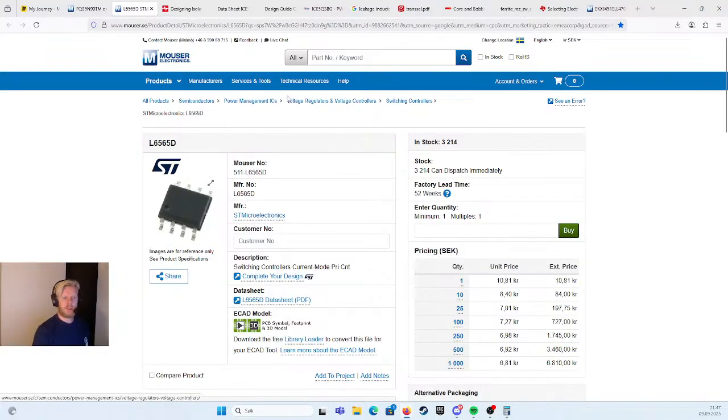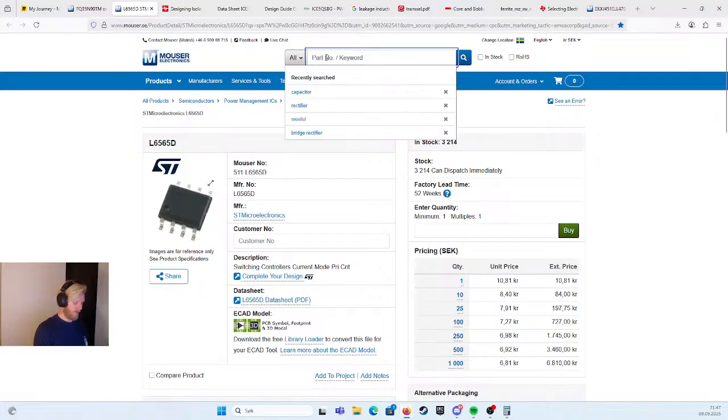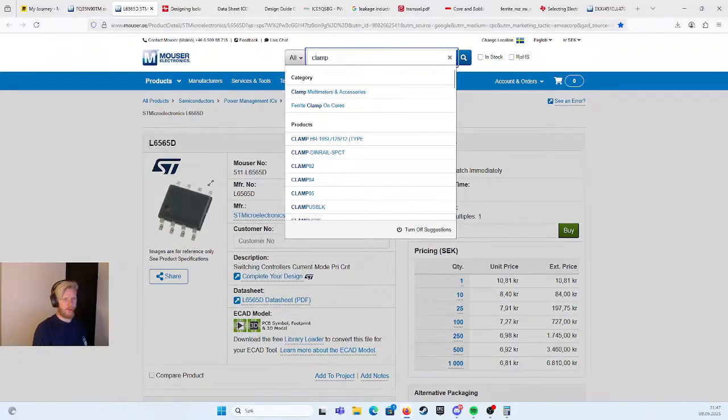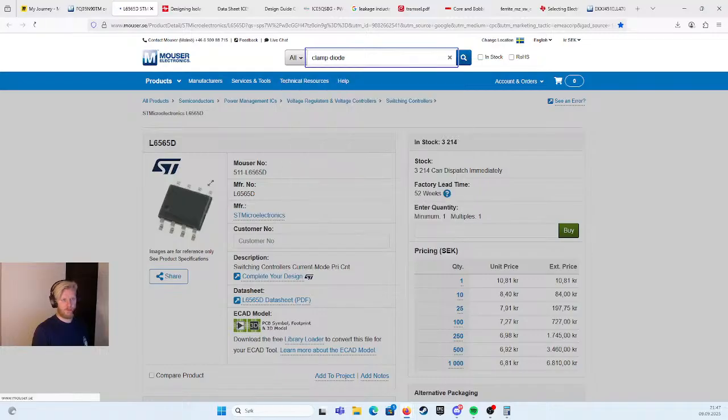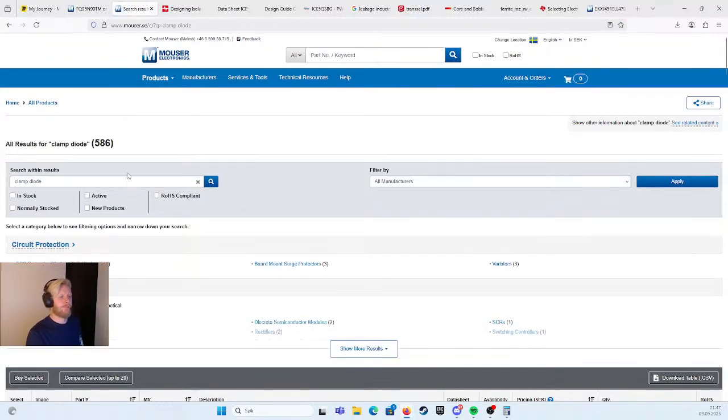Okay, let's check clamp. ESD protection. TVS diodes.